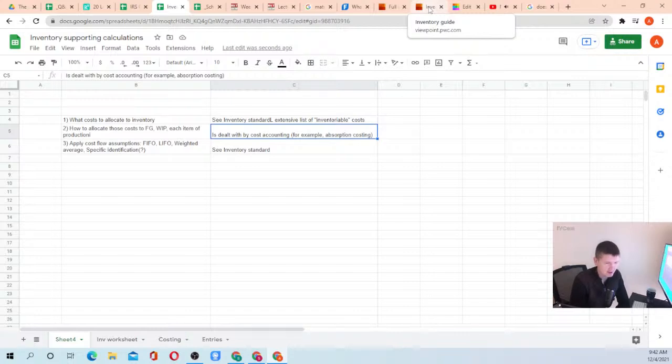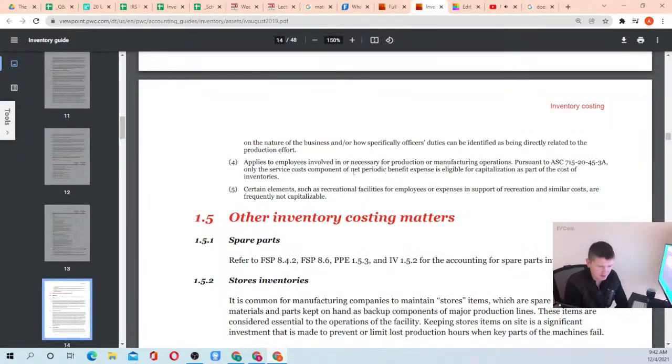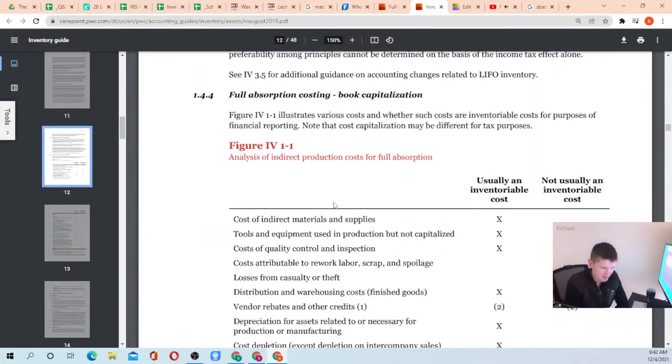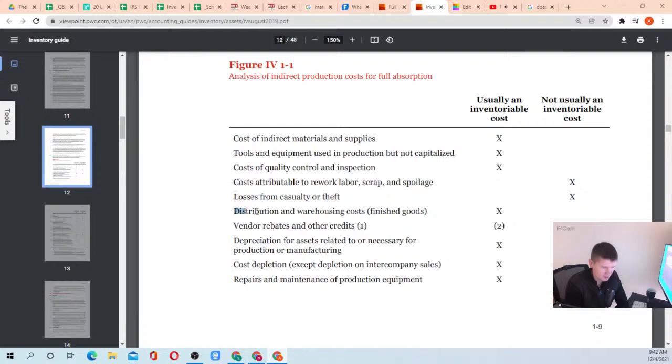If you have a warehouse and you have some shipping expenses, you can capitalize those shipping expenses. As well, you might need to capitalize your warehousing costs. Let's see in the cost here. I remember I saw the warehousing costs here. So distribution and warehousing costs, finished goods.